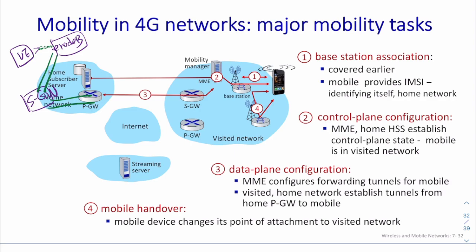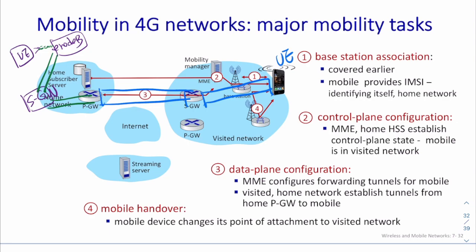So there should be a tunnel right here and another tunnel right here, from your UE to your visit S gateway, and from your visit S gateway to your home P gateway.